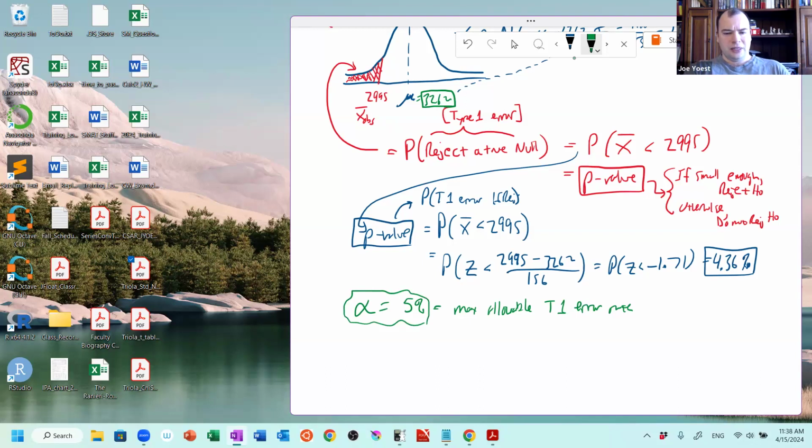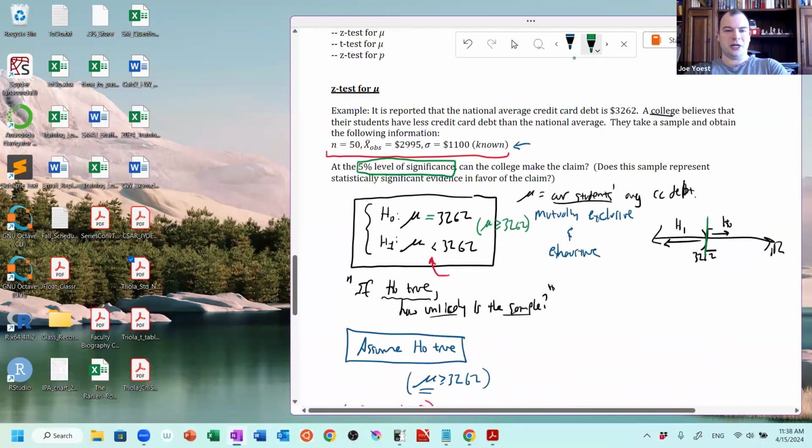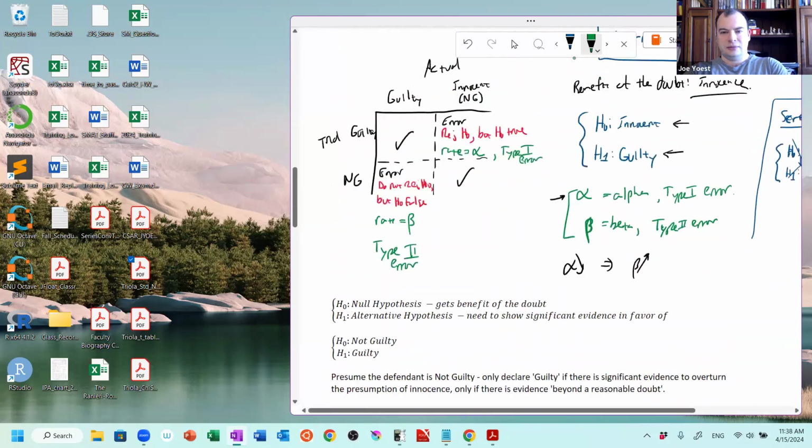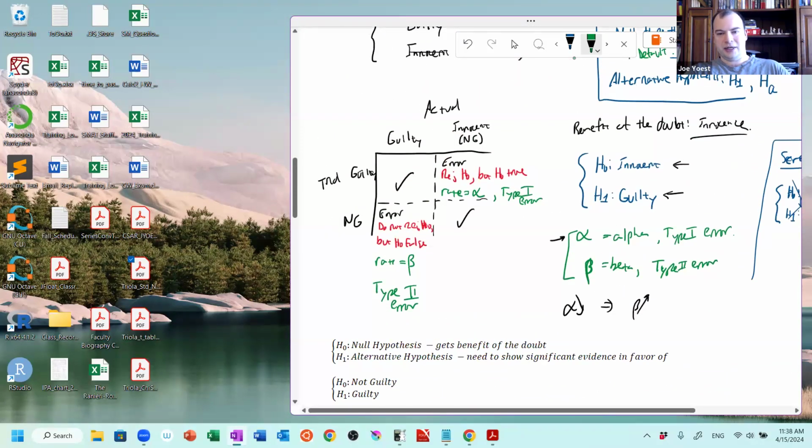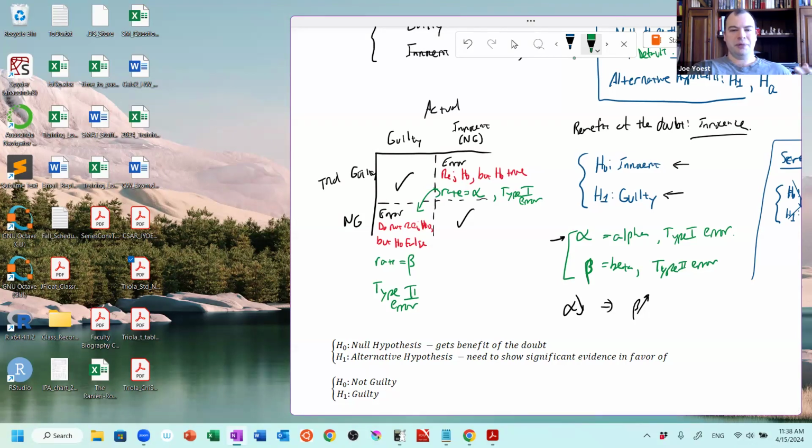There's no good reason that alpha is 5% in this problem, or 1% in another problem, or 10% in a different problem. This is something that somebody has to choose, right? It has to be chosen subject to this trade-off. We could make alpha smaller, 1%, but that comes at the cost of a higher beta, a higher type 2 error. Or we could make alpha larger if we want to achieve a smaller type 2 error.